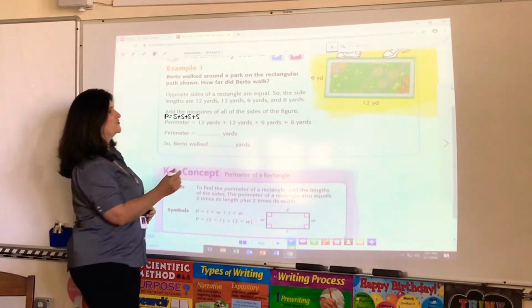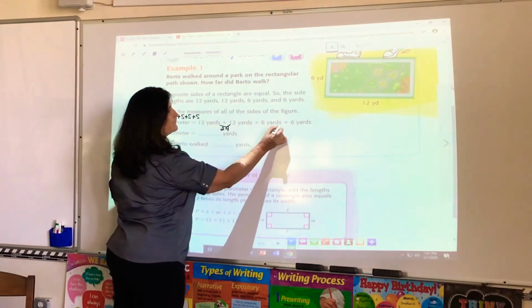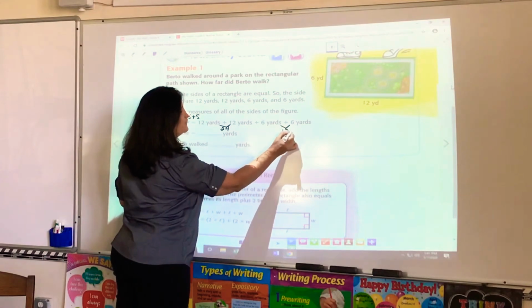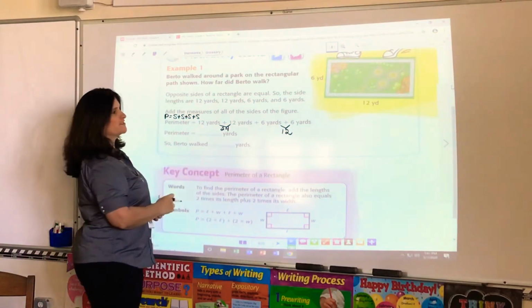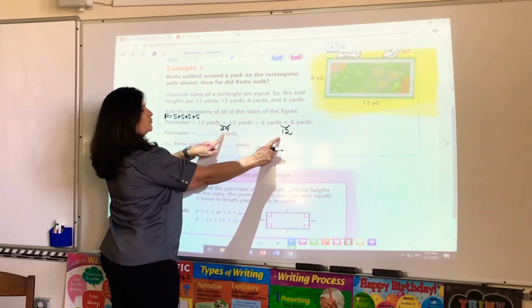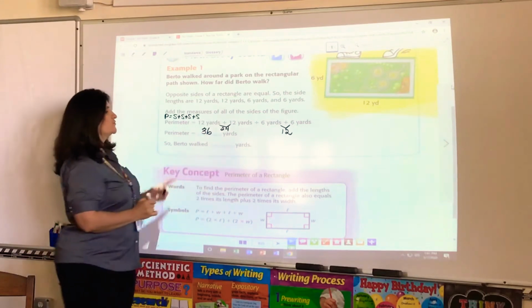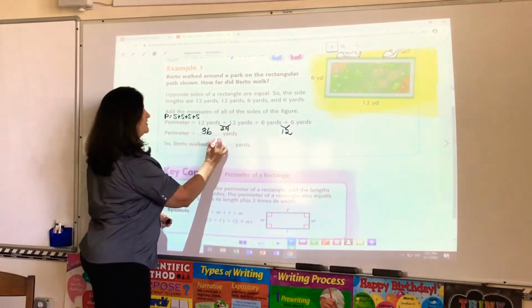Okay, and what you might want to do here is this here is 24, this here is 12, and then 24 plus 12, we have this adds to 6, this adds to 3. So we have 36 yards. So Berto walked 36 yards.